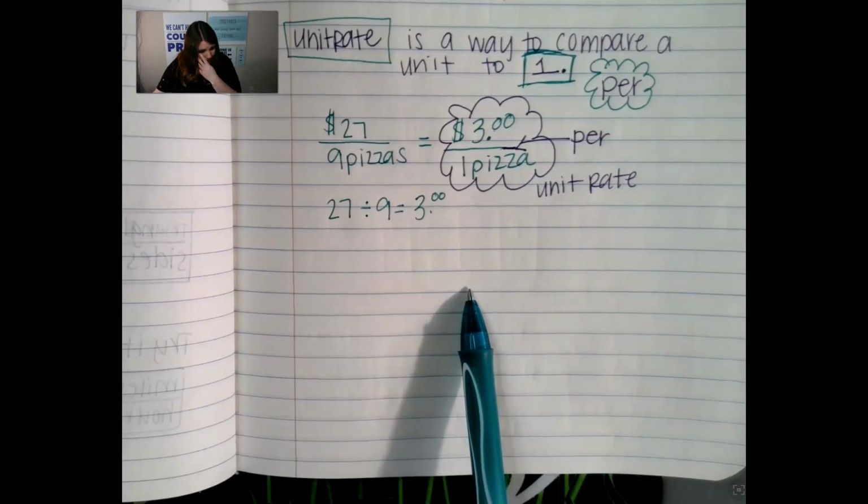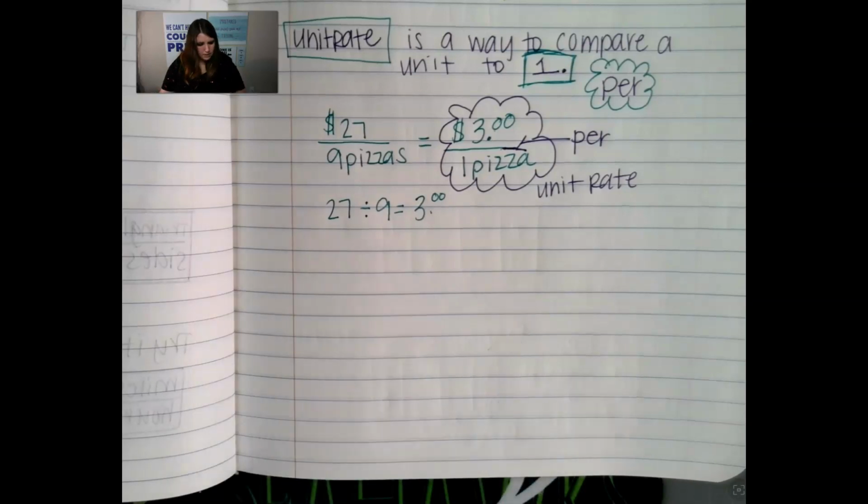All right, I want to do an example that is really great. Let's say we're making some fruit juice, and it's 4 pints of water for every 2 cups of concentrate.